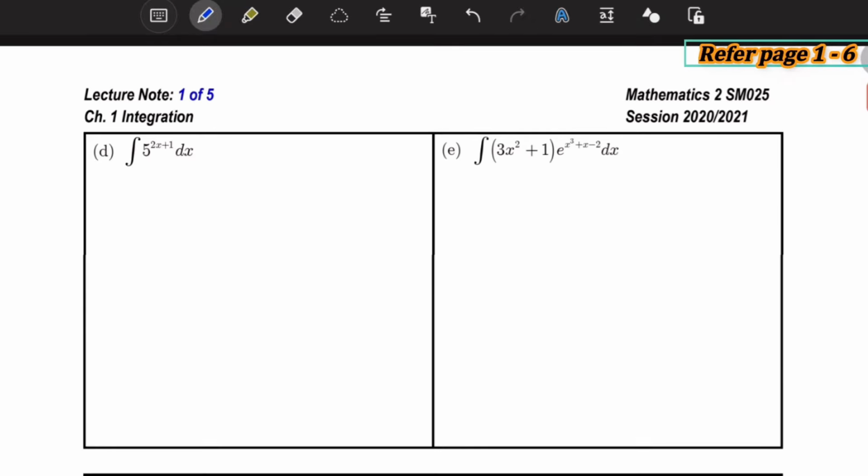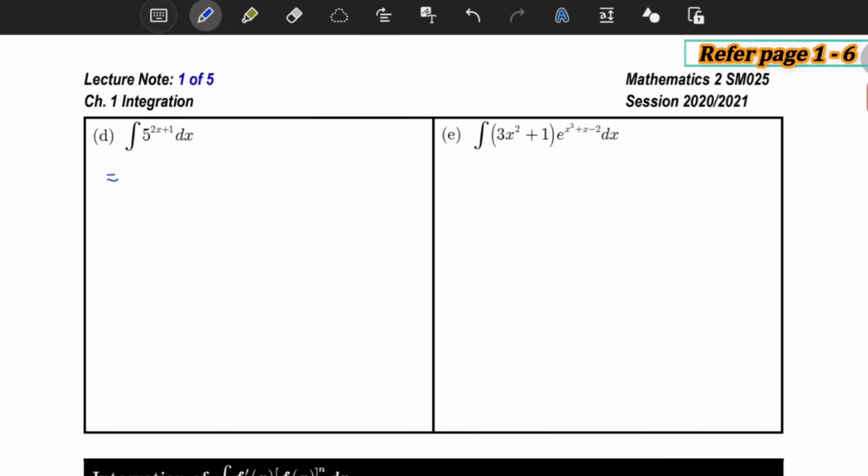Part D. Integral of 5 power of 2x plus 1 equal to 5 power of 2x plus 1. We can apply the rule directly because the power is a linear function. Divide by ln 5, ln base, times differentiate power is 2, plus c.